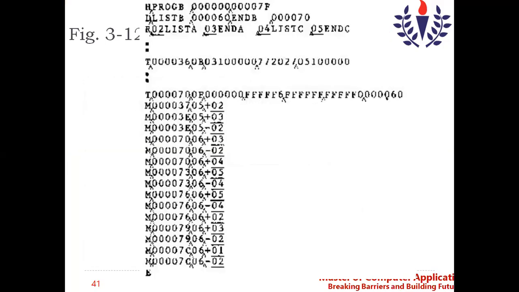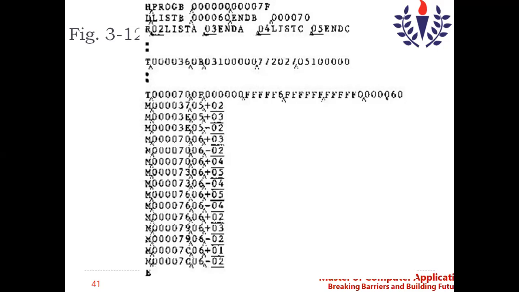The same thing is mentioned in a different program. This is program B, and you can see there are symbols which are referred from other control sections like LISTA, ENDA, LISTC, and ENDC. If you look at the modification record also, there are a lot of changes.